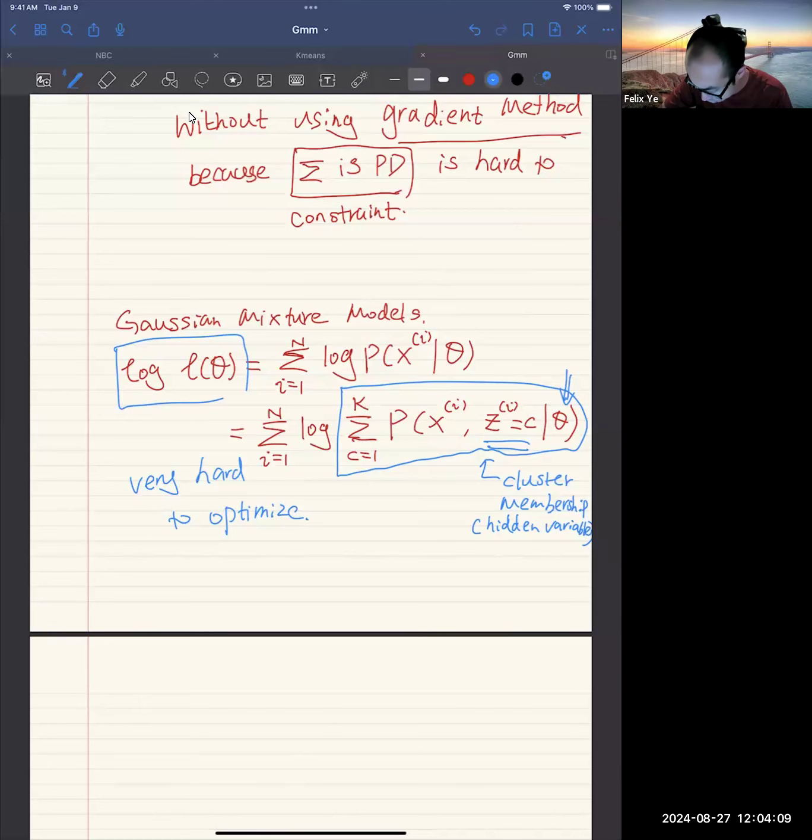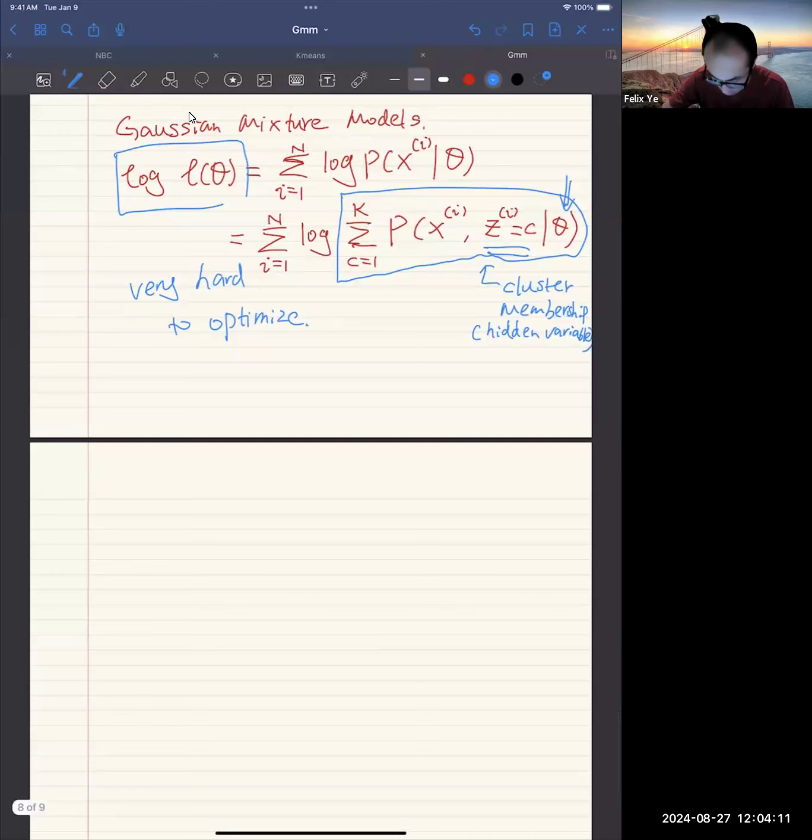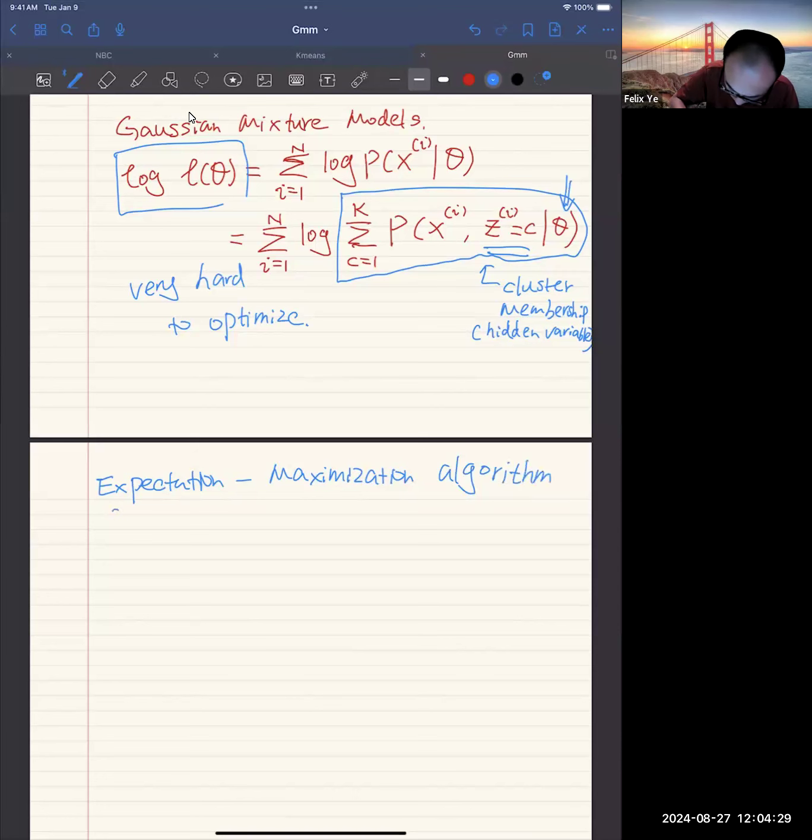So then we're going to use a slightly different idea. It's called the expectation maximization algorithm, so this is called EM. The whole idea is basically an alternating optimization idea.